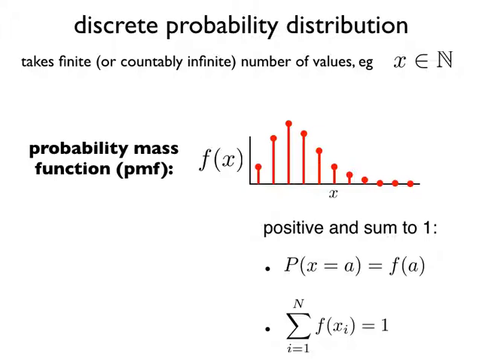If instead it looks like this, like a typical coin, we would consider theta to be 0.5. Does that make sense?